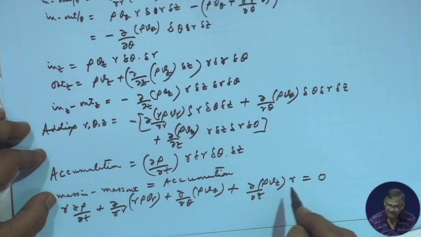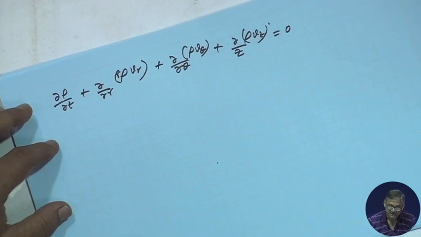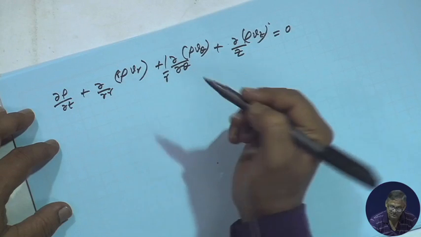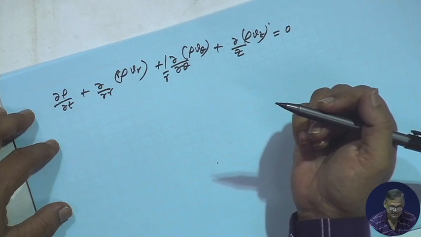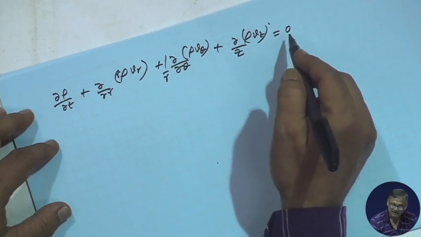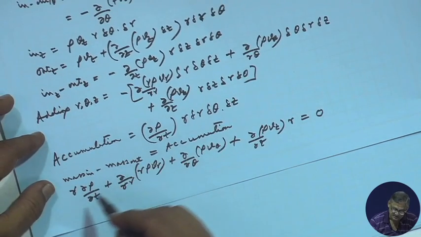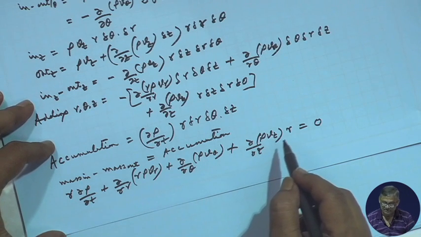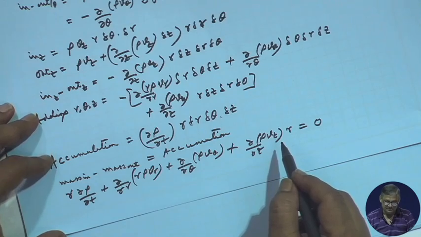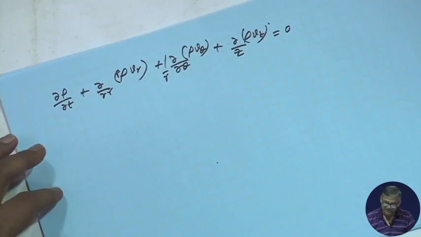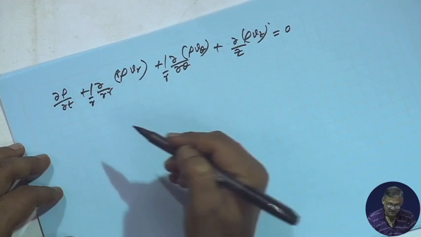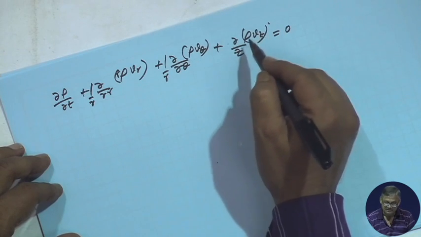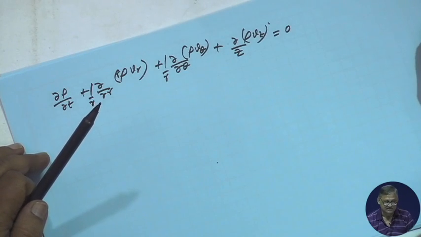If we divide all the three terms by r, then in the del theta of rho v theta term we should have 1 by r, because in all three terms we had one r. So this should be 1 by r del r of r rho Vr, and this should be 1 by r of del theta of rho v theta, and so on. Now this is the real expansion.